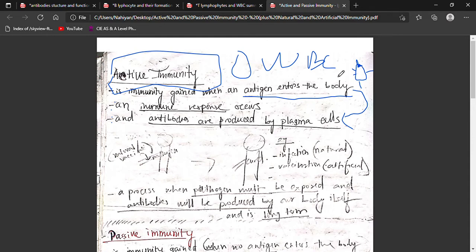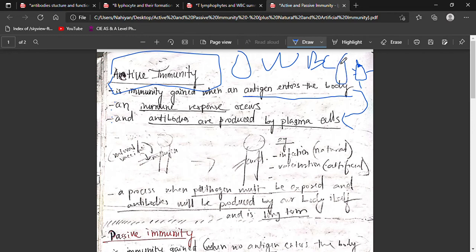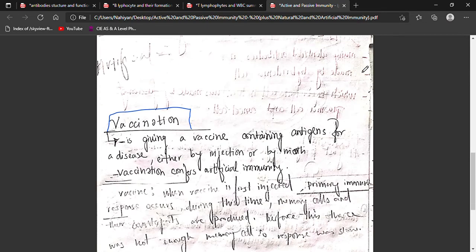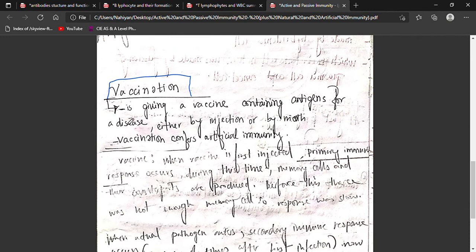So the lymphocytes will have enough time and can slowly produce antibodies, plasma cells that can produce the antibodies for this pathogen, and take their time without getting harmed. So that's vaccination. It's giving a vaccine containing antigens for a disease either by injection or by mouth. So vaccination confers artificial immunity.